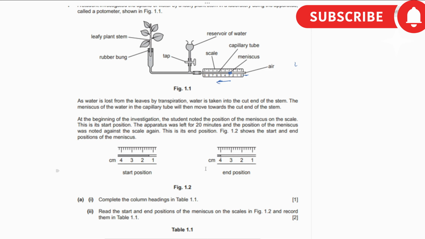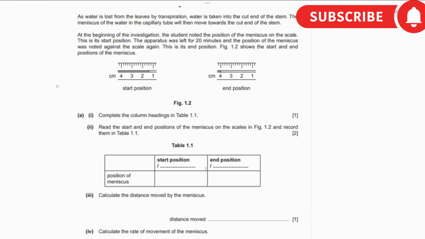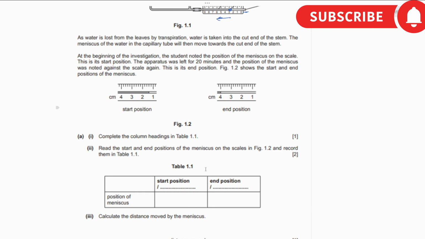Now I guess our first part is really okay. Complete the column heading in table 1.1. What should be coming over here? Position of meniscus. No, first of all, heading, start position, centimeters. Yes, centimeters. What is the starting position and what is the ending position? 1.4.